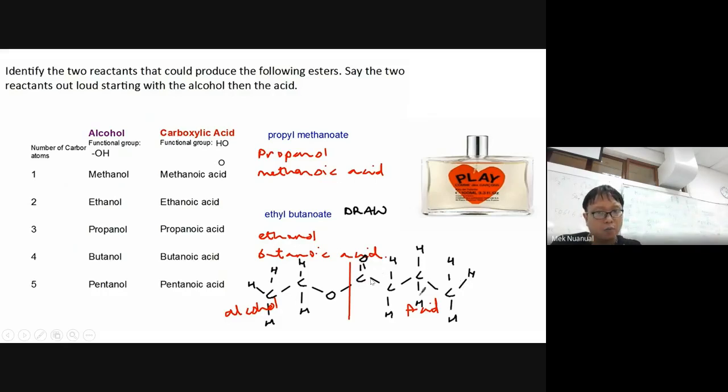It has 1, 2, 3, 4 carbons, so it would have been butanoic acid, for 4 carbons. Here's the butanoate, and the ethyl is coming from a 2 carbon alcohol. And that's it, that's your ester molecule here. I hope I didn't lose anybody.